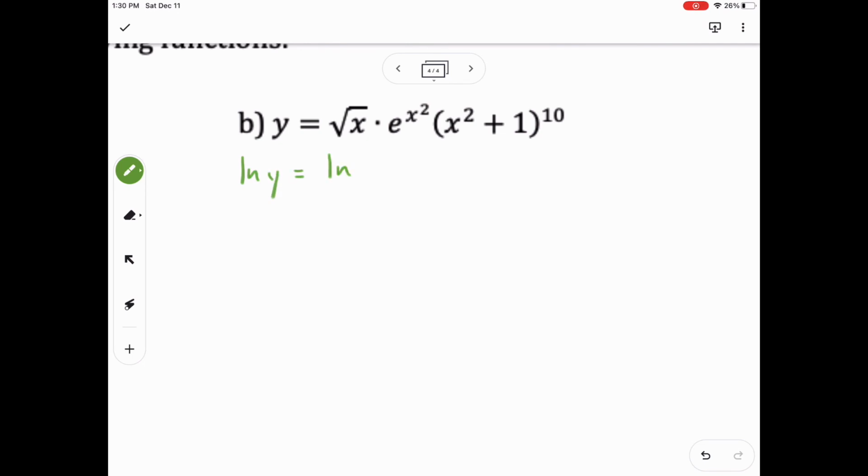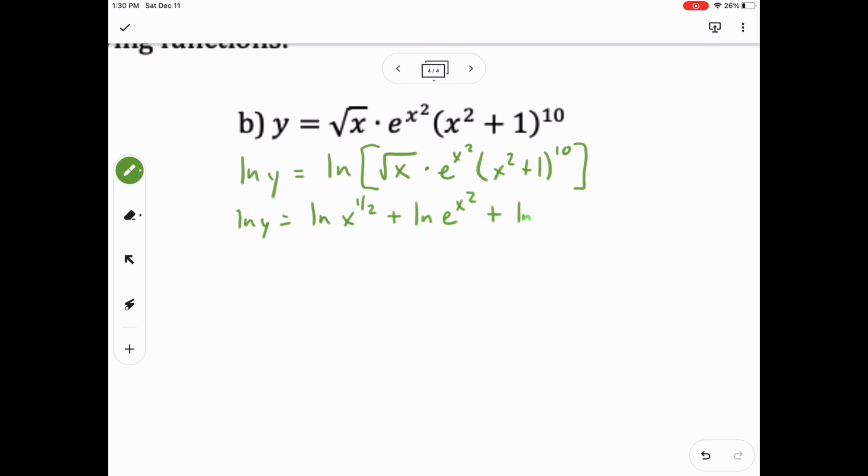Okay, now here for this one, I'm going to do the same thing, take ln of both sides. Now here, because you have multiple things multiplied to each other, then you can use the product property and separate them all with addition. And then we can use the power property for all three of those because they all have exponents, so I move them all down in front.